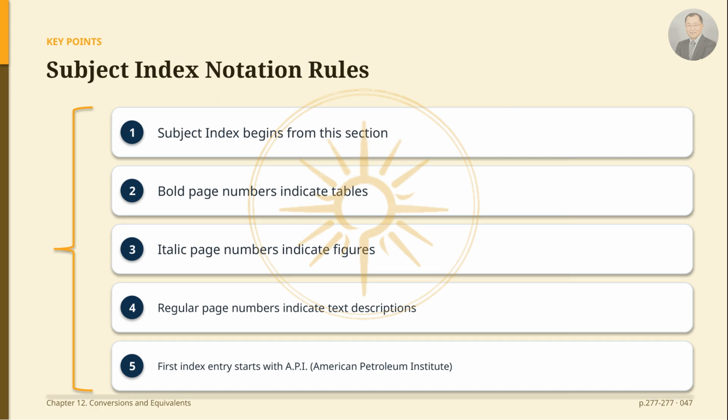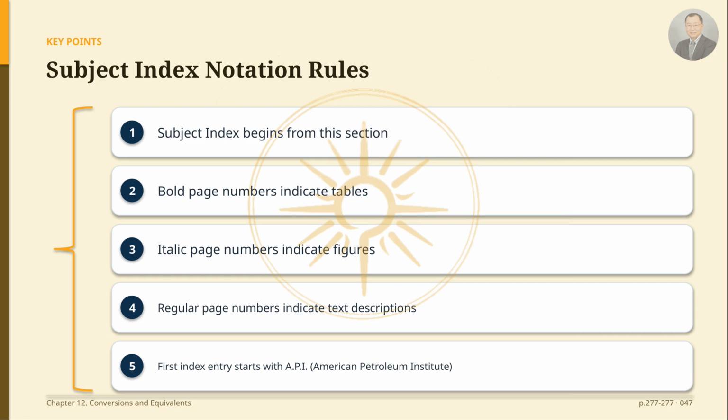In this section, I would like to introduce the notation rule for the subject index located at the end of the handbook. To use the index effectively, it is important to know what the font of the page number signifies. First, page numbers in bold indicate that a table is located at that position. Next, page numbers in italics indicate the location of a figure.